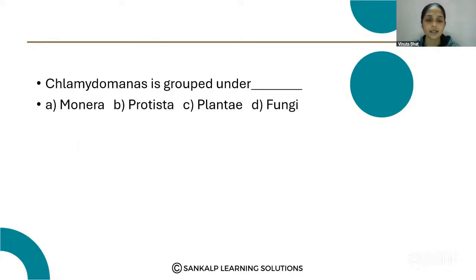Chlamydomonas does not come under Monera, because it is eukaryotic. It does not come under fungi. So you have to choose between Protista and Plantae. The correct answer is that it comes under Protista.